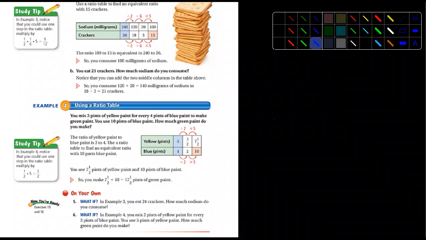So it would be 3 divided by 2. And that's what they've got right here, 3/2, because 3 divided by 2 is the same thing as 3/2.